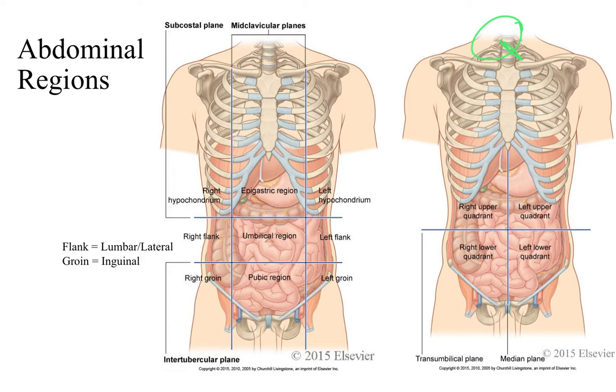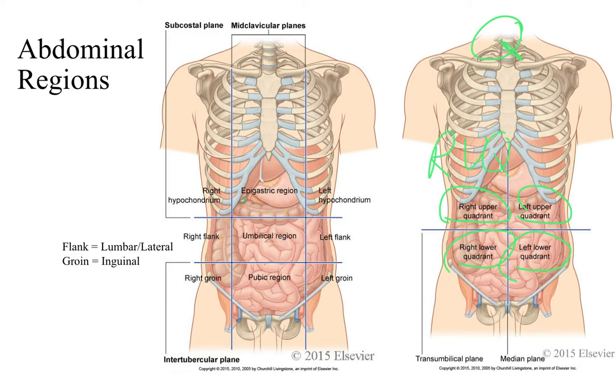So remember, when you're looking at anything anatomical, you're going to assume that it is a person that is facing you. So everything that is on your right is their left, and everything on your left is their right. So up here you would have the right upper quadrant, left upper quadrant, right lower quadrant, and left lower quadrant. And you can abbreviate them RUQ, and so on.